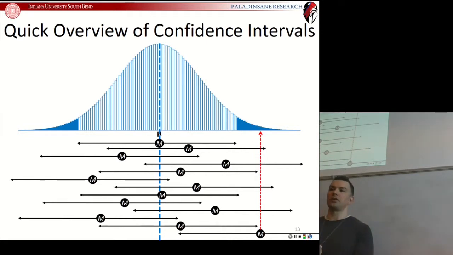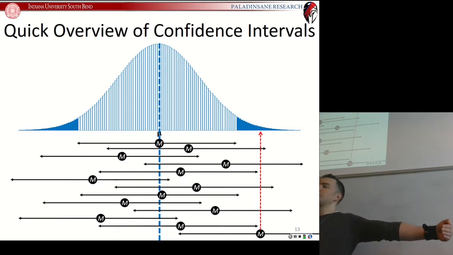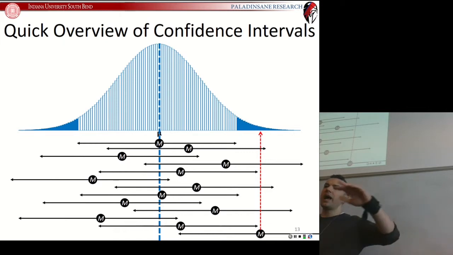So confidence intervals consist of 2 parts. They consist of the point estimate, and they consist of the range around the point estimate. And that range is what gives us the confidence number that we can assign. So that range is what gives us 90% confidence, 95% confidence.